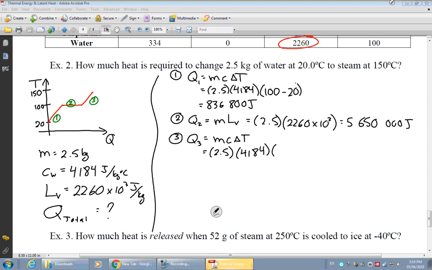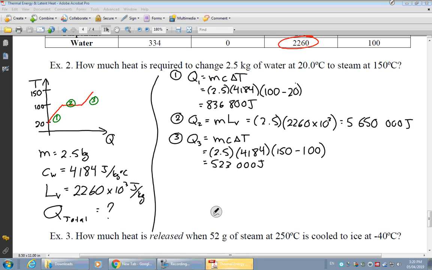Now it's going from 100 all the way up to 150. So we take our final value that we have, 150, and we subtract 100. And we know that that difference there is 50 degrees. So that change in temperature is 50 degrees. When we multiply all that out, we should get 523,000 joules.